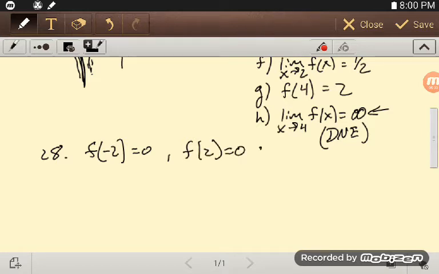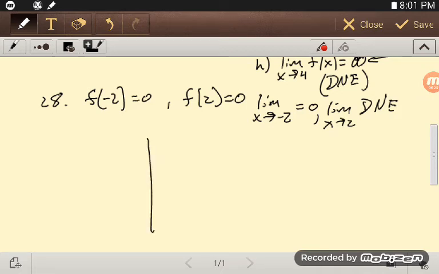The limit as x goes to negative 2 is equal to 0. And then finally the limit as x goes to positive 2 does not exist.